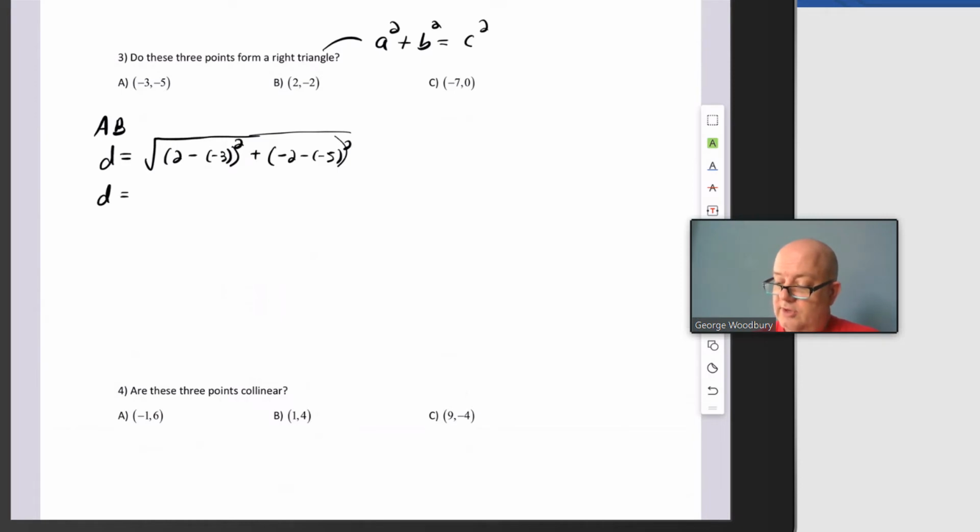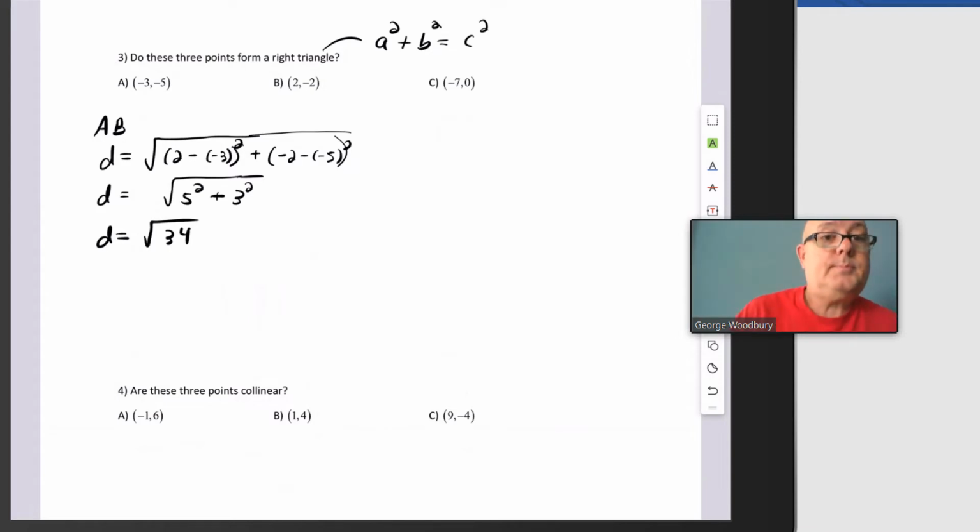So this first distance is going to be the square root of 5 squared plus -2 plus 5 is +3. So that's 3 squared. And 5 squared is 25 plus 3 squared is 9. That adds up to be 34. So that first distance is the square root of 34.